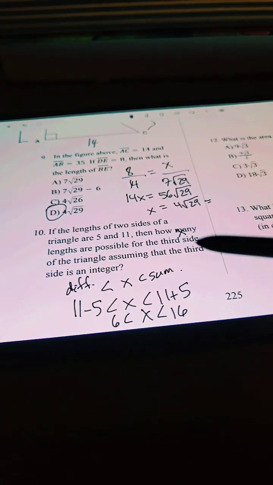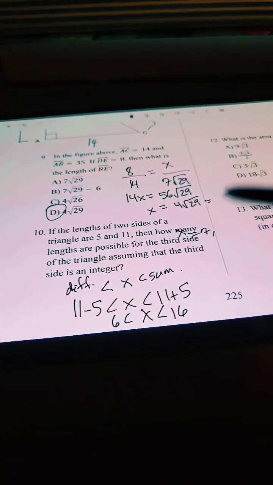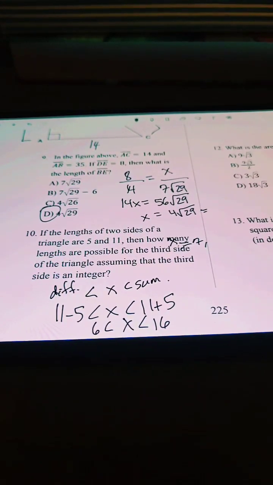So you could have x equaling 7, 8, 9, 10, 11, 12, 13, 14, 15. All of those are integers between 6 and 16. So that's 9 possible options for that third side length.